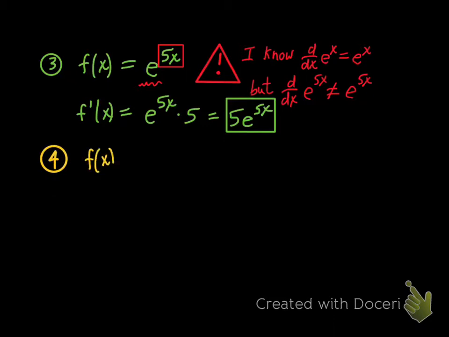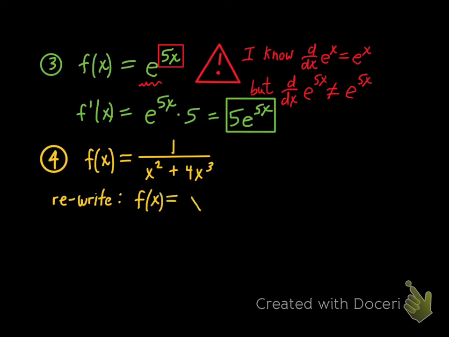Last example. Again, a little more difficult. It's got to occur to you to do a rewrite step here in order to see clearly the inside function. So if I have f of x equal to 1 all over x squared plus 4x cubed, the rewrite is going to make this clear for me in order to use the chain rule.